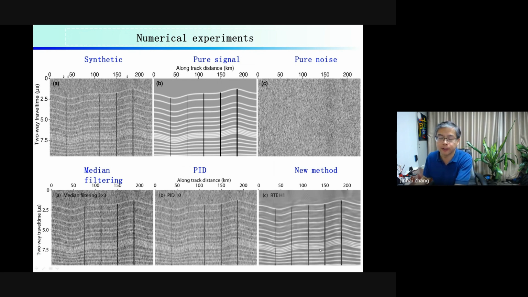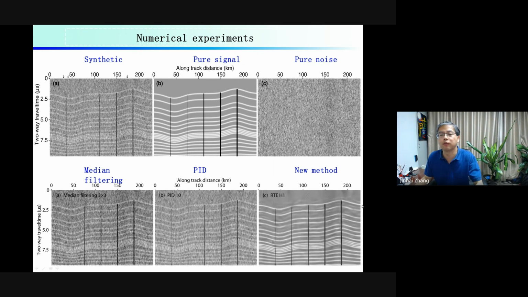This is very important. People may say you only show some nearly horizontal reflectors. How about the dipping or high slope reflectors? One point to mention is that the orbital radar payload is far from the ground. That means it can only detect nearly horizontal reflectors.